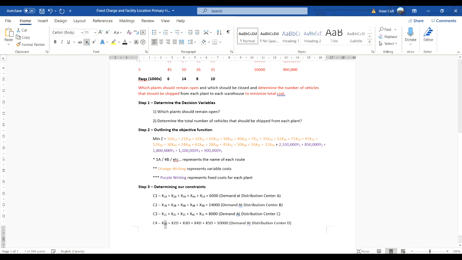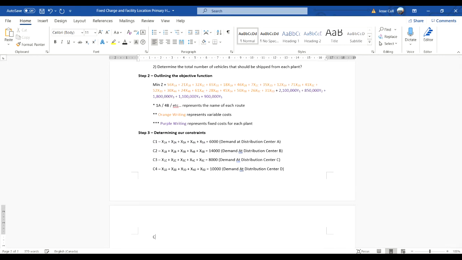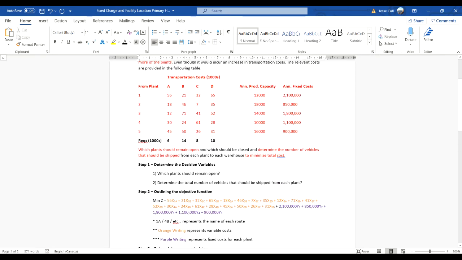So one final time, we'll go through this and we'll see these are all of the units being shipped from each of the 5 plants to distribution center D. That's our first 5 constraints. However, we're not done. C5, we see up here that we also have the annual production capacity.